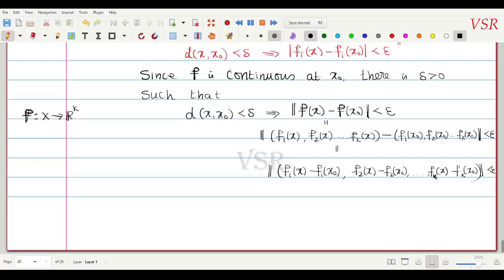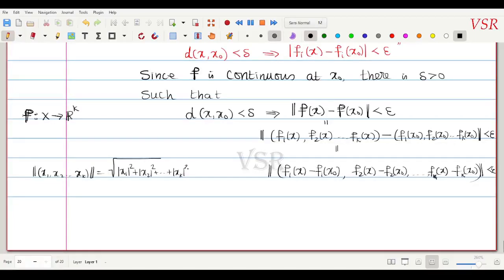We have studied the norm of (x1, x2, ..., xk). Its value is the square root of modulus of x1 square plus modulus of x2 square plus dot dot dot plus modulus of xk square.